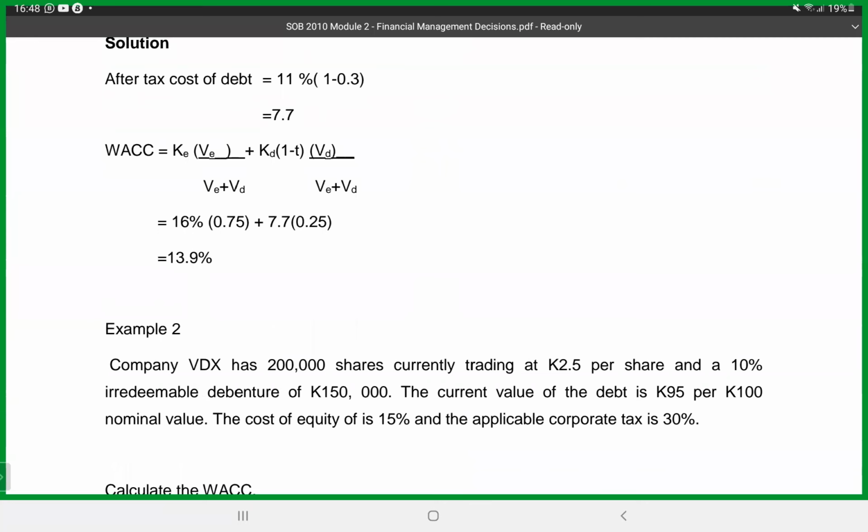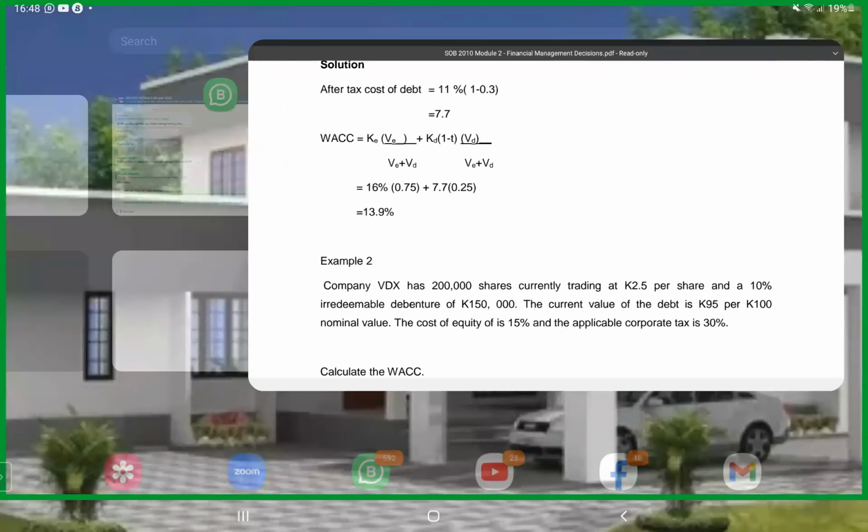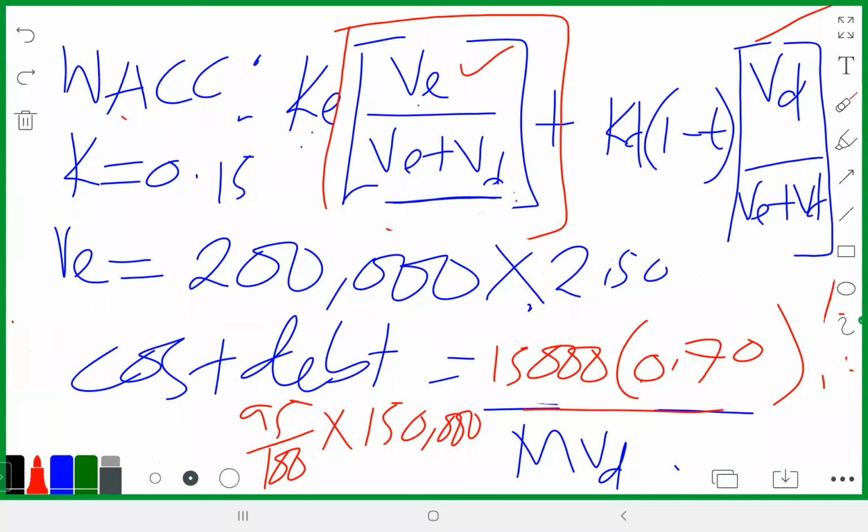So what amount do we find? 95 over 100 times 150,000. What is the value in the denominator here? It's the market value of the debt. How much is it? Just say 0.95 times 150,000.